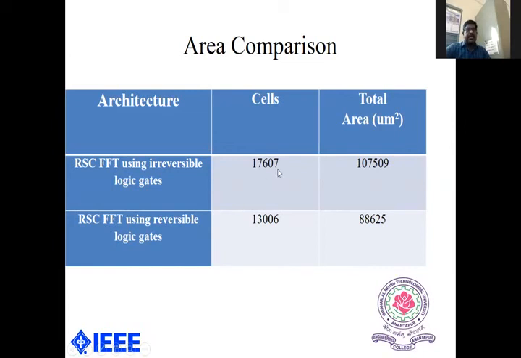It is 17,607 and 13,006 standard and semi custom cells used to implement this particular FFT architecture. So when compared to irreversible logic gates, the reversible logic gates FFT architecture consumes less area.